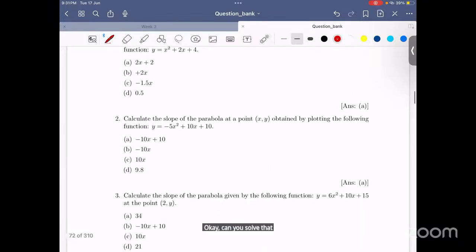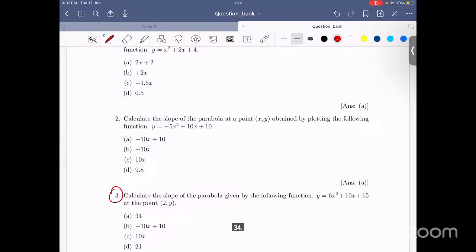Okay, can you solve the third question? What will be the slope of the parabola at that particular point? 34.